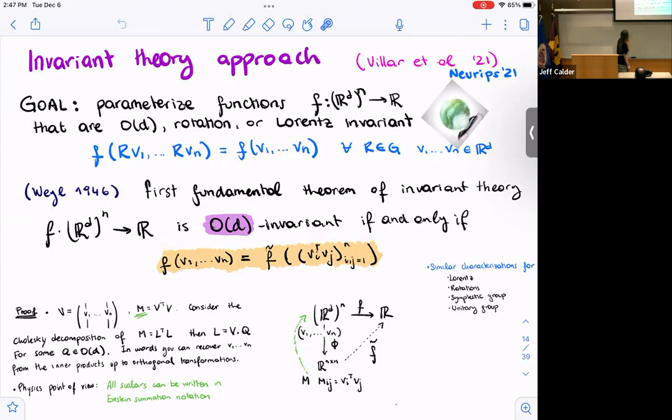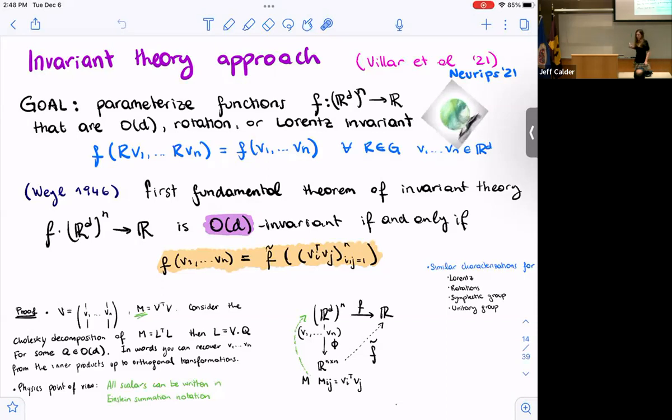So this suggests the following machine learning model: you take n vectors in R^d, compute the features, which are the scalar products of the input vectors, and then you learn a function. Any function that you learn from the scalar products is going to be invariant, and every invariant function can be written in terms of the inner products.